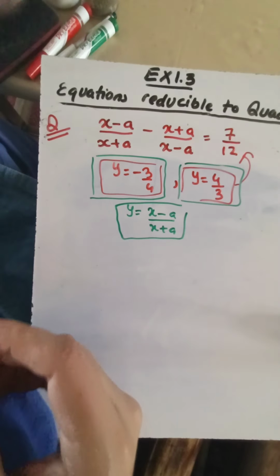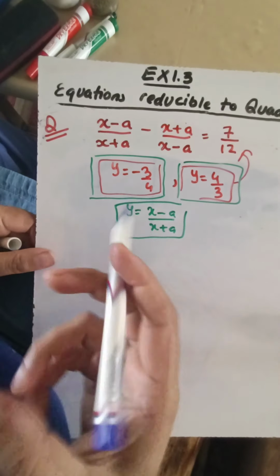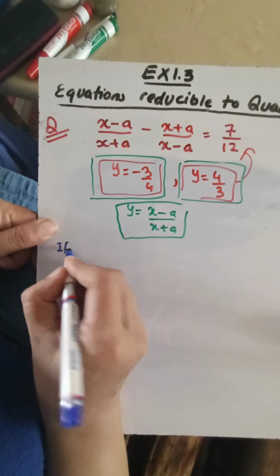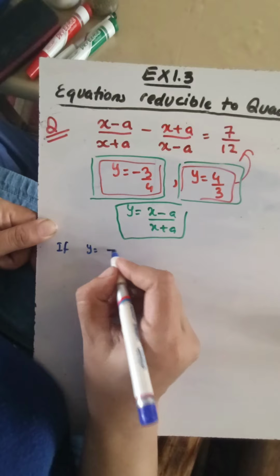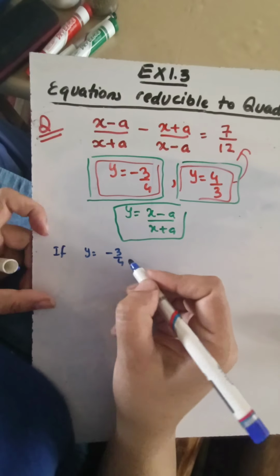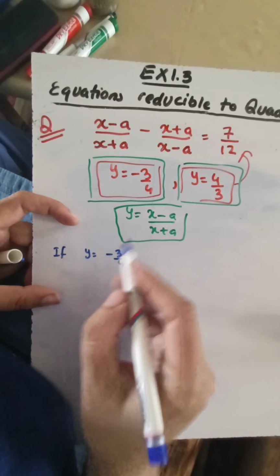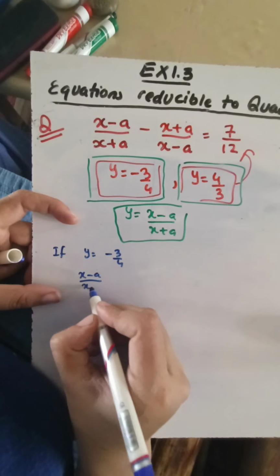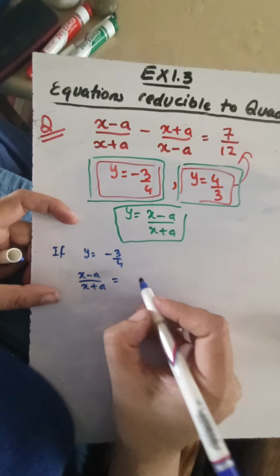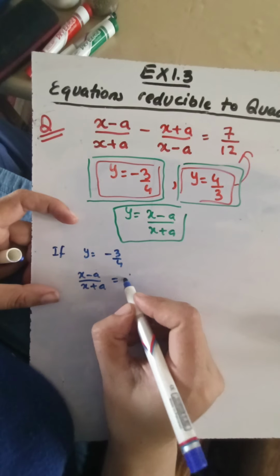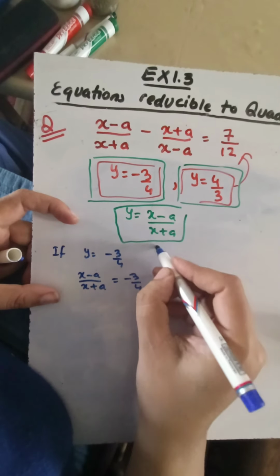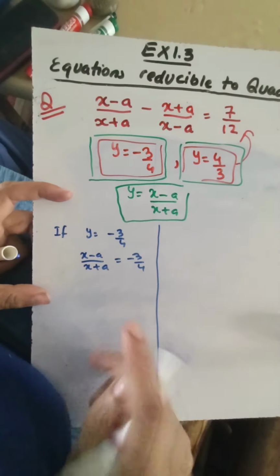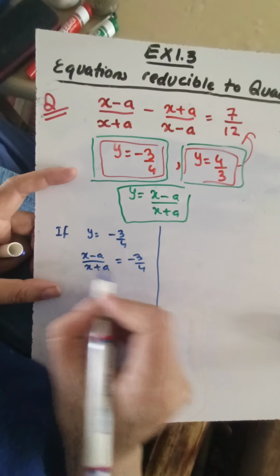Okay, now if y is equal to negative 3 by 4, then replacing y with the expression, x minus a over x plus a will be equal to negative 3 by 4. Now we have to solve this equation.